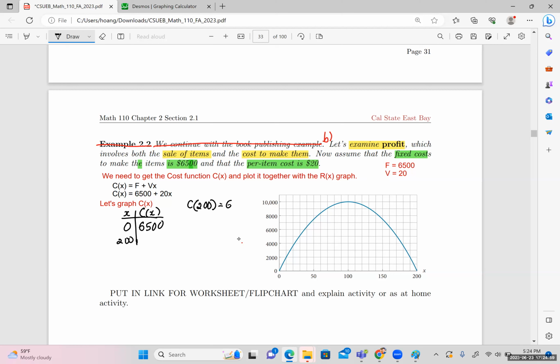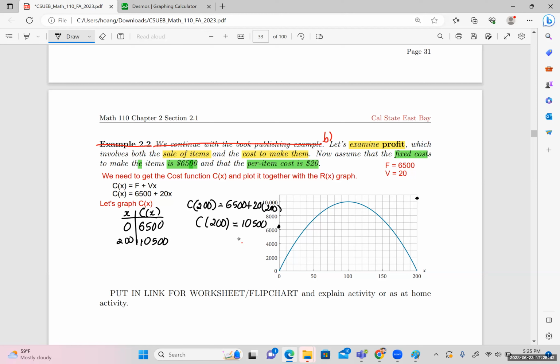You will have 6,500 plus 20 times 200, so C(200) equals 10,500. So I put 10,500 here. All right, so we have 2 points: one is 0 and 6,500, and another one is 200 and 10,500. So it's going to be here.